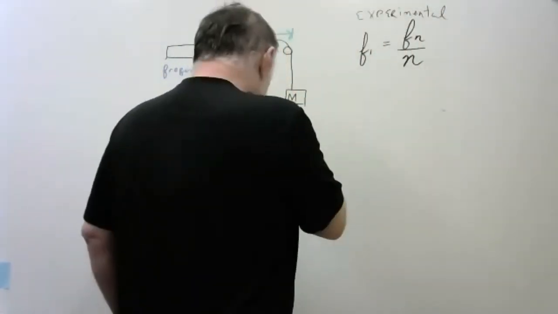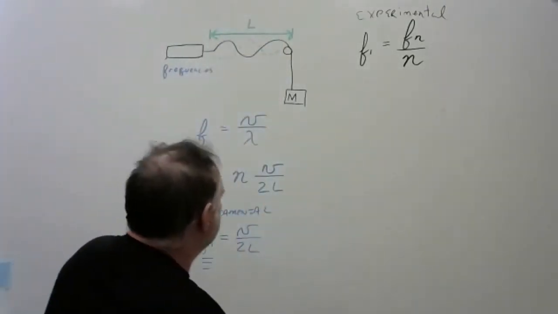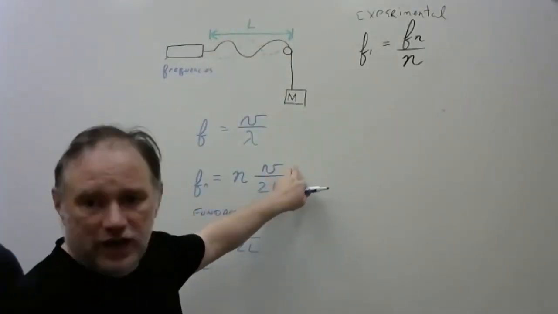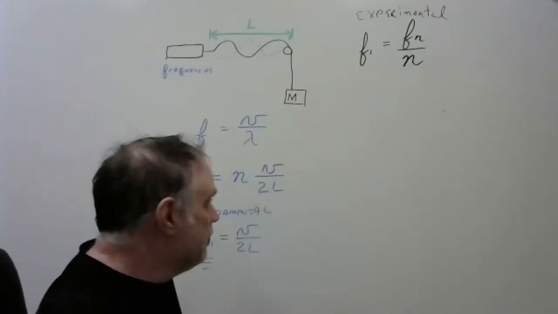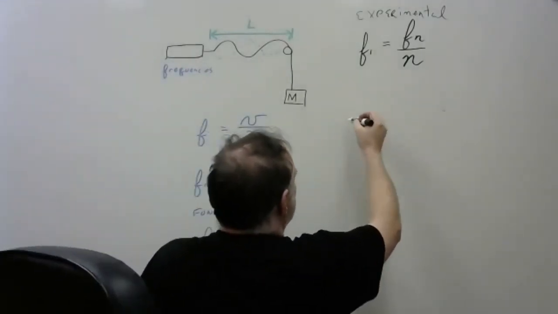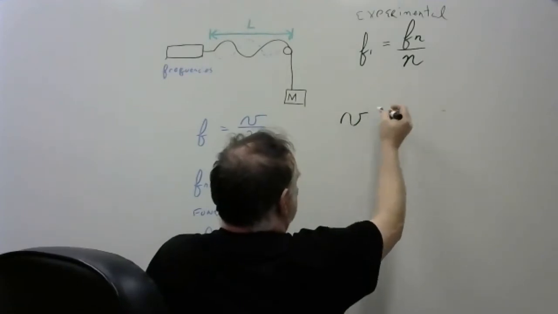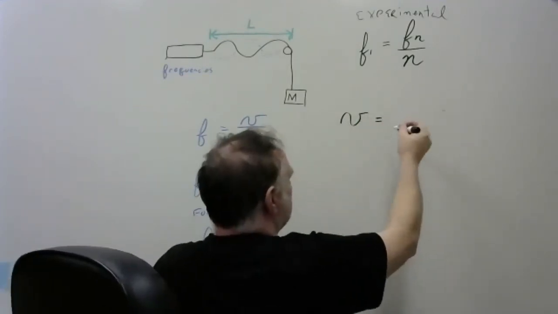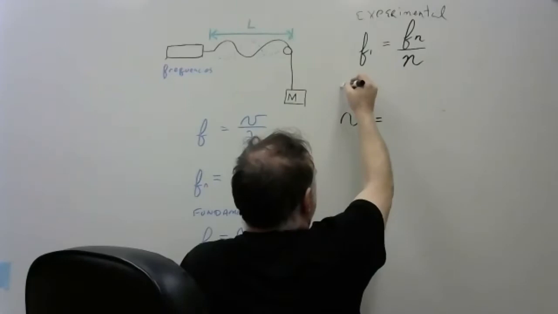For the theory, we need to go back to here and we need to know what the theoretical value for the velocity of the waves on a string is.